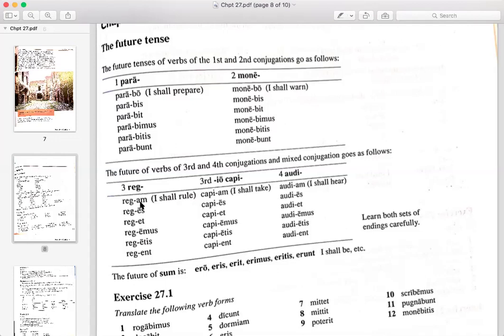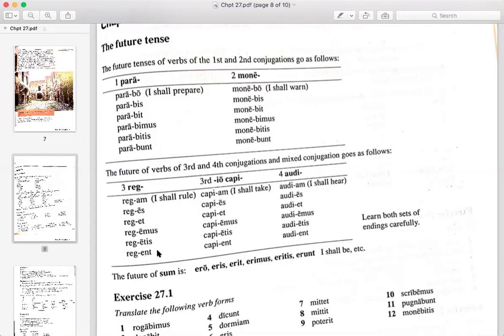And what will change here in the first person is that E, pretend that the E is there, that the E will change to an A, so regam. And then here, the rest of the vowels before your personal endings are going to be E. So remember that this verb in the present, you'll have is, it, imus, and so on. So you're changing that I to an E to indicate that it's future.